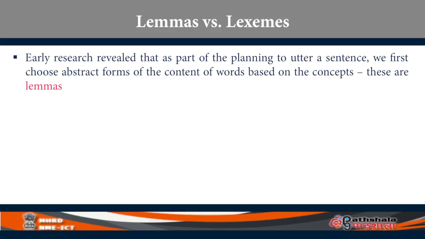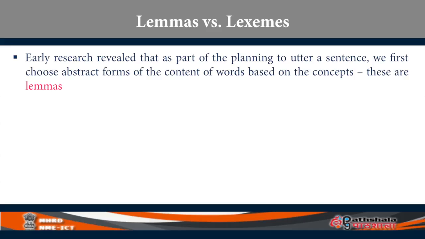In making these theories, they said that a distinction must be made between what are known as lemmas and lexemes. That is, in wanting to produce a sentence, we first choose an abstract concept from our mental lexicon, content words, at the semantic level, in a particular grammatical category. They are very abstract and content based.